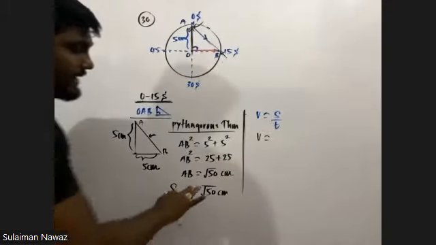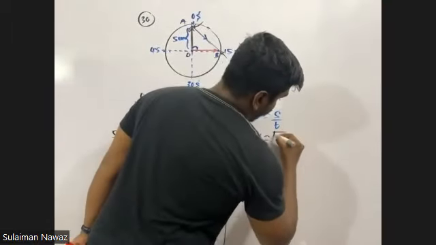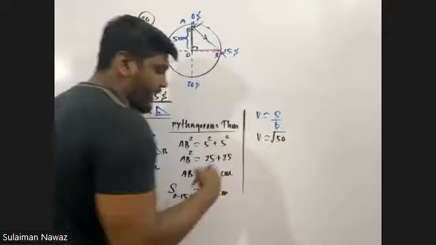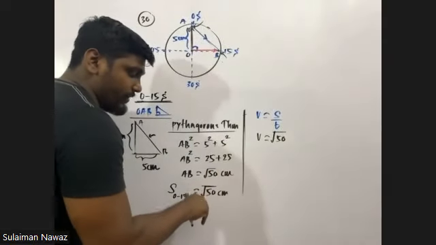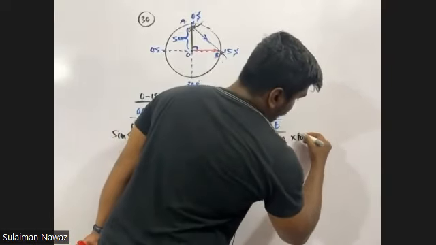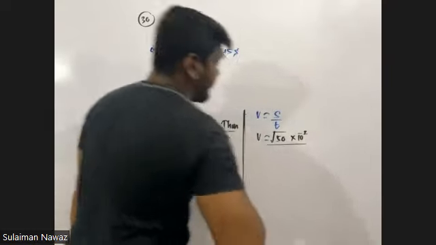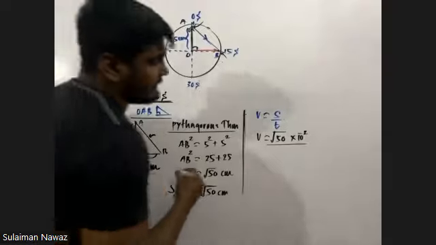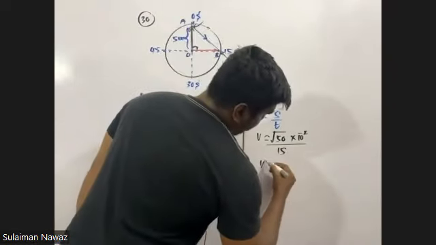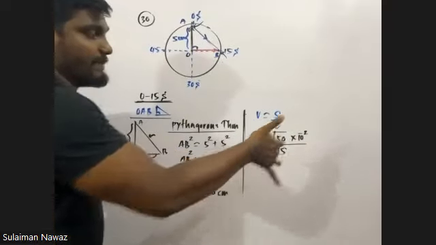Displacement, that is root 50 centimeters. I can convert centimeters into meters by multiplying by 10 to the power minus 2. Time is 15 seconds. Then I will obtain the answer in terms of meters per second.